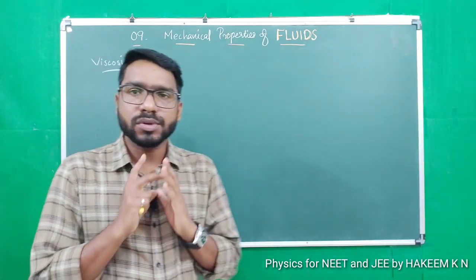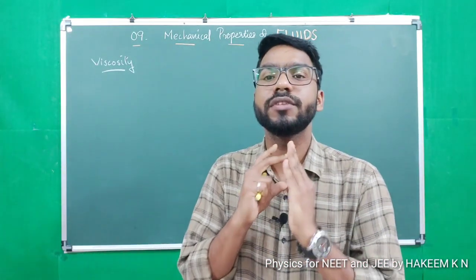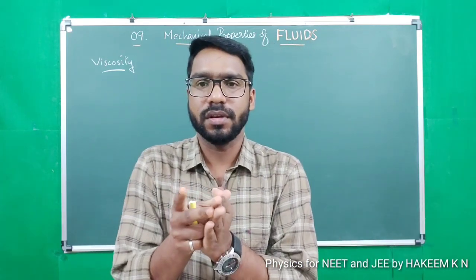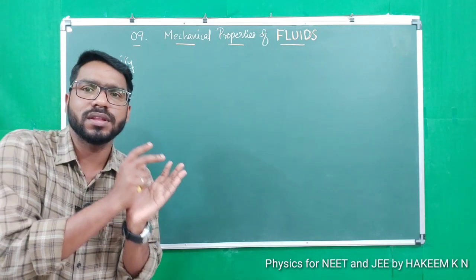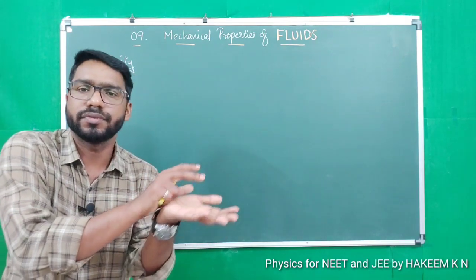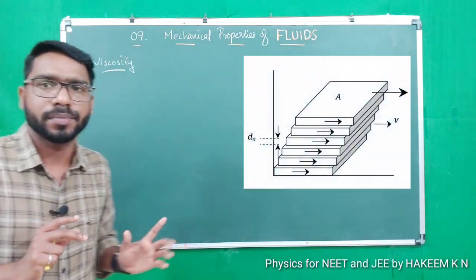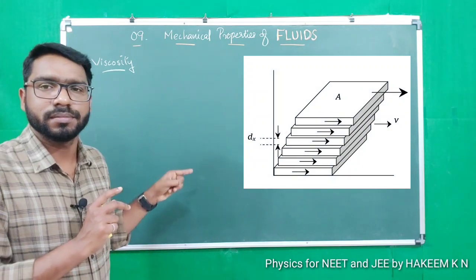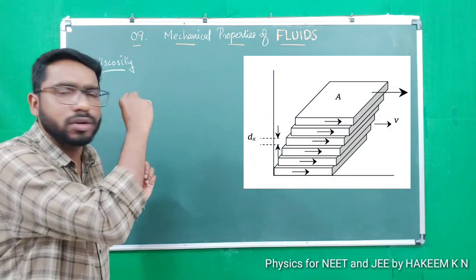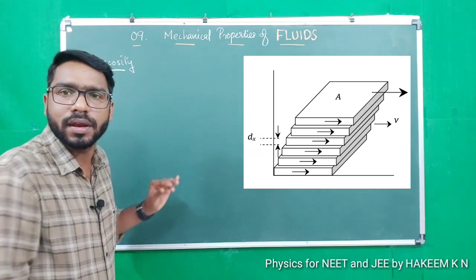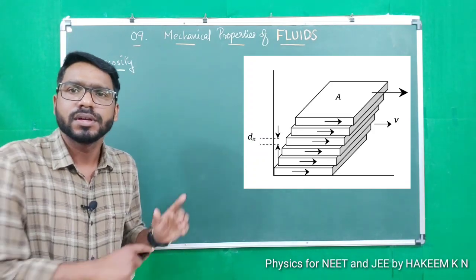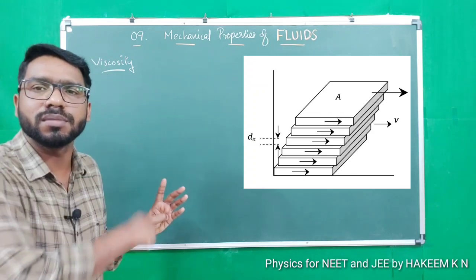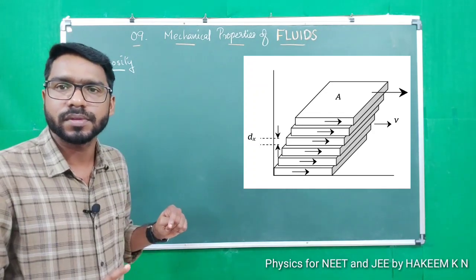Viscosity. Viscosity actually means fluid friction. That means the opposition between the liquid layers for the flow. Okay. You can see here a diagram. The liquid layer at the top moves with a larger speed and the liquid layer at the bottom moves with a small speed. So there is a cohesive force between the molecules of different layers.